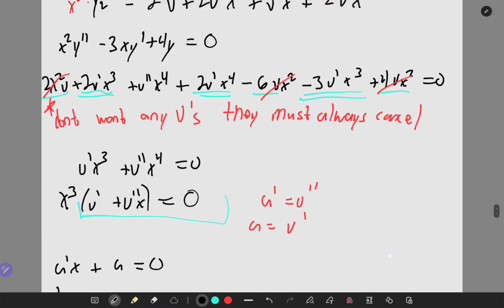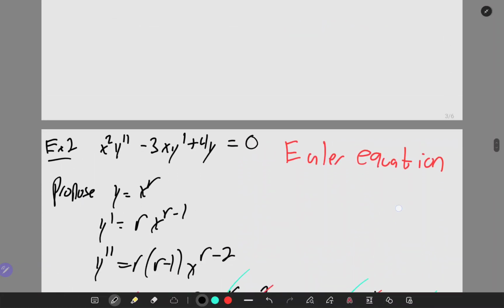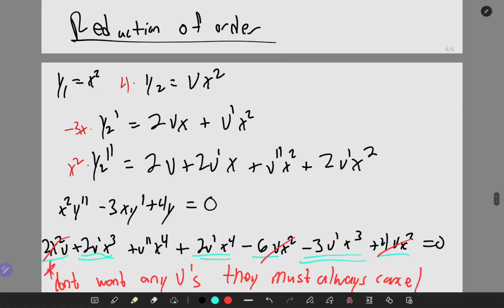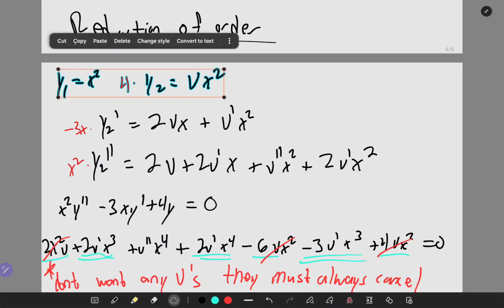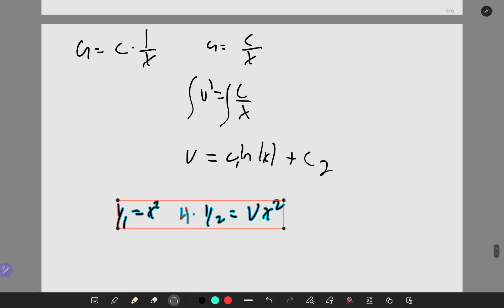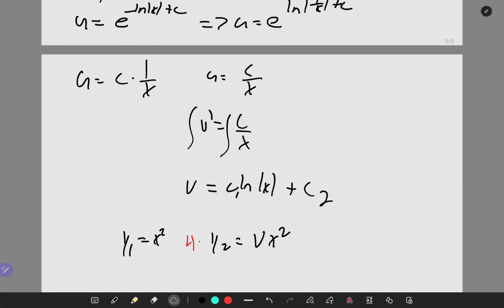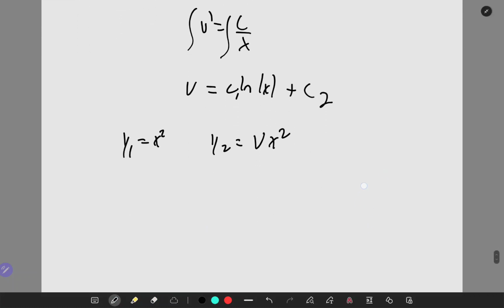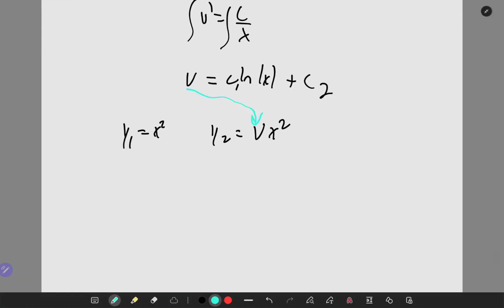Plug that back into our y2. Let me go back up. So if you plug this into here, this leaves us with y1 is equal to x squared. y2 is equal to c1 times the natural log of x plus c2 times x squared.